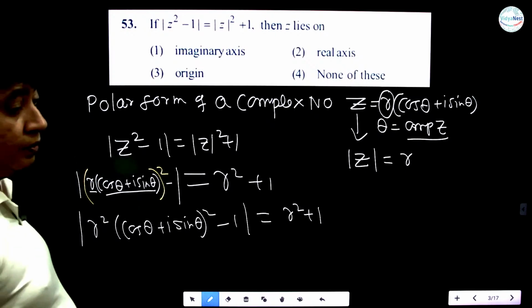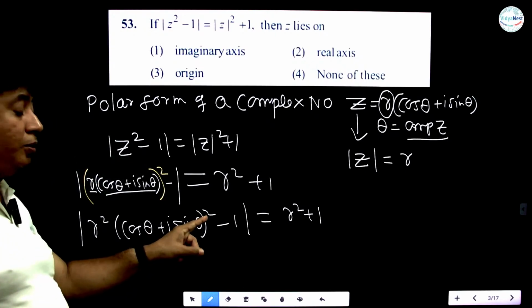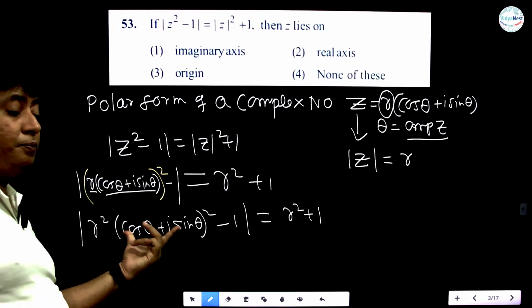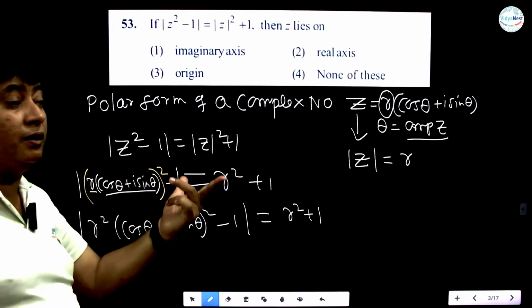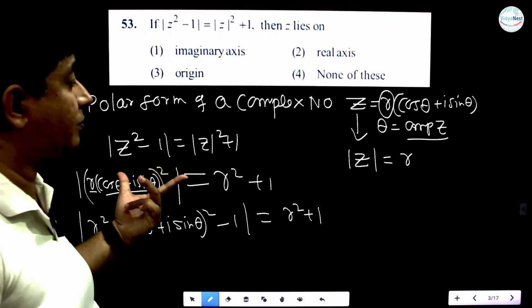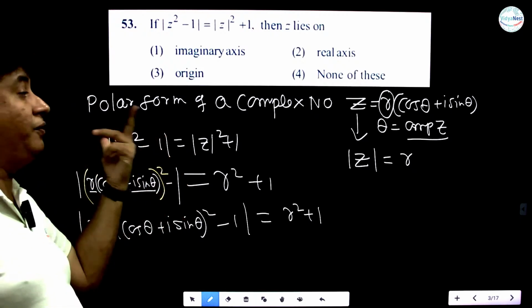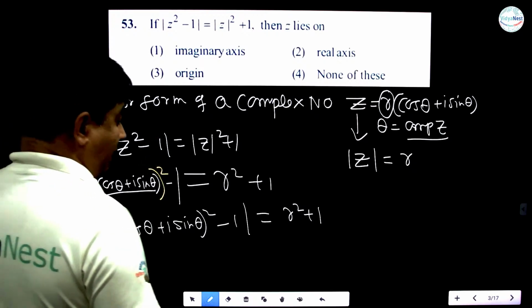Now, what shall I do with this power 2 in this polar form? Then we can recall the formula of de Moivre's theorem. What was that?